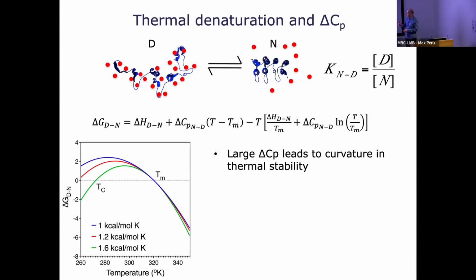But for some things, your protein could be not very stable at cold temperatures. So always be careful. And here, the different colors are the different changes in delta CP. And you can see how that changes where, although they all had the same TM, the coldest melting point changes.